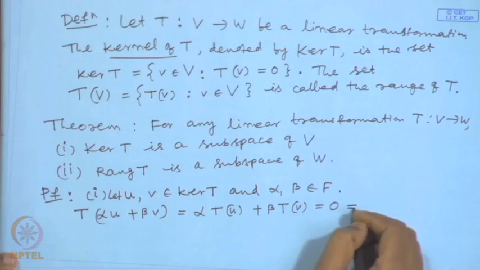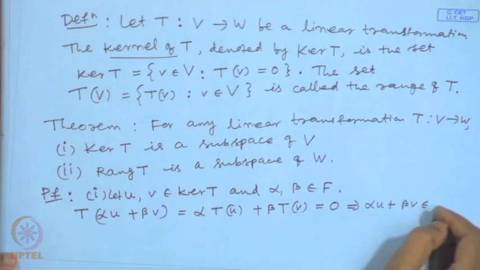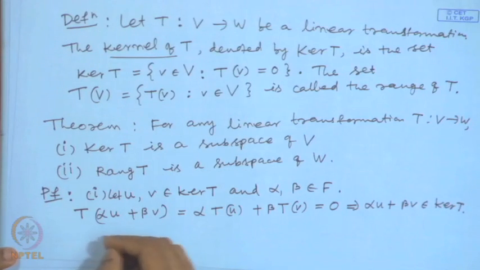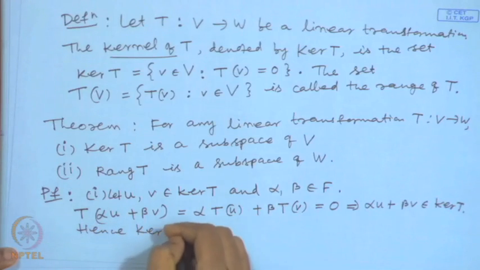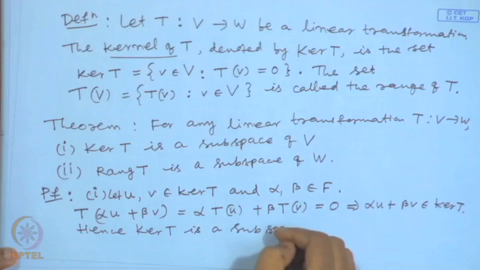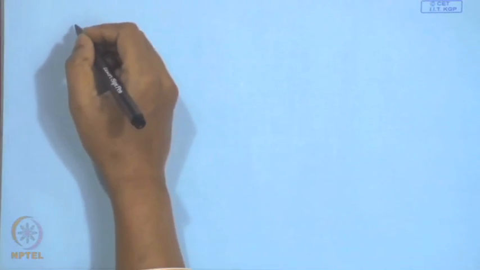This implies that alpha u plus beta v belongs to the kernel of T, and hence the kernel of T is a subspace of V.